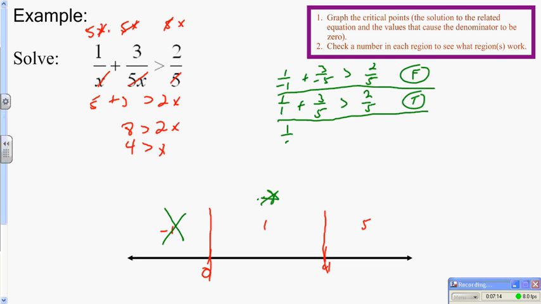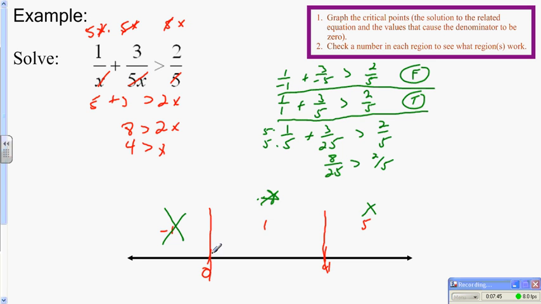We get 1 over 5 plus 3 over 25, 5 times 5, is greater than 2/5. Common denominator. Oops, sorry. Take top and bottom times 5. And you're going to get 8/25 is greater than 2/5. And that does not work.